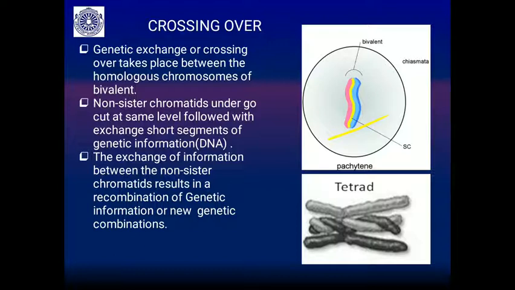Crossing over occurs between non-sister chromatids. They are cut at the same level, followed by exchange. There is an exchange of chromatid segments, or exchange of DNA, between the non-sister chromatids. This exchange of genetic information results in a new combination, or recombination, of genetic information.